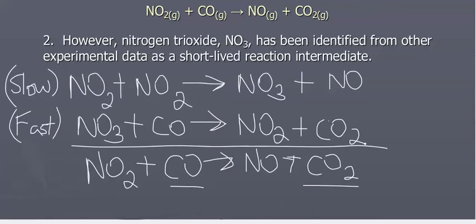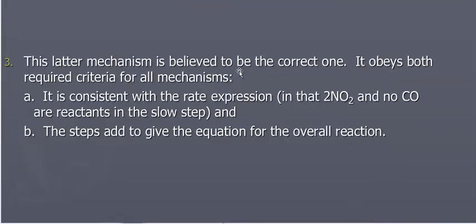NO3 plus CO can form NO2 plus CO2. One of the NO2s will cancel out. NO3 is an intermediate. It cancels out, and we're left with the overall reaction. So, as long as the mechanism is consistent with the rate law expression and the steps add to give the overall equation, we are good when we propose a mechanism.